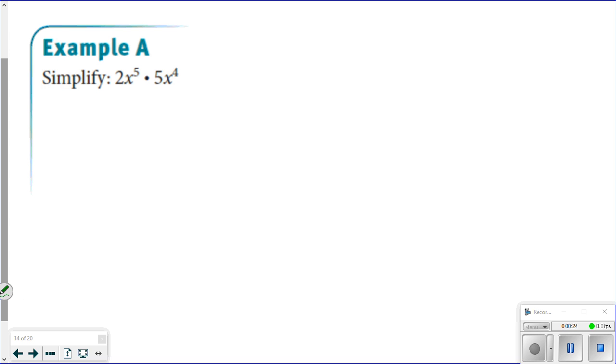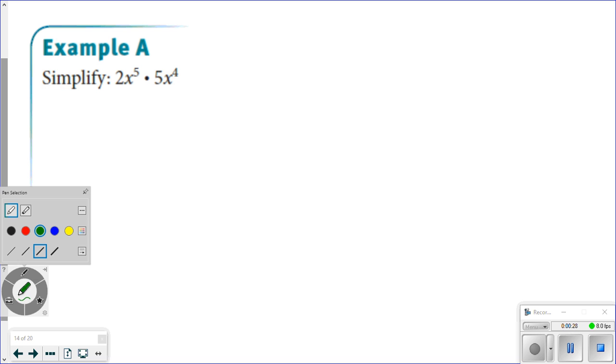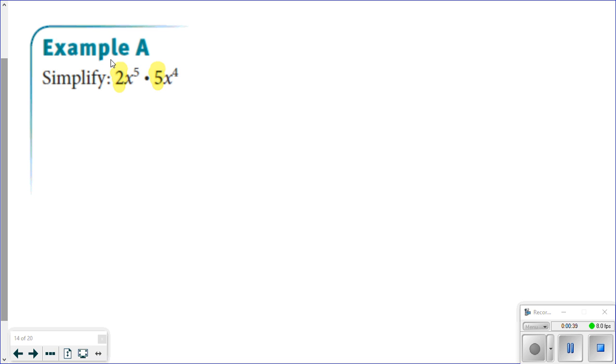So if I'm looking first, I notice that I have a multiplication symbol in the middle. So we're going to multiply, and what we're going to multiply first is 2 times 5. Okay, so 2 times 5 is 10. And then we're going to deal with the x's here.